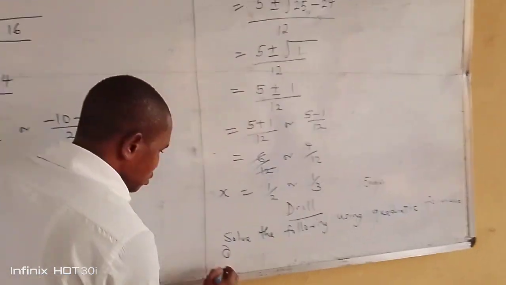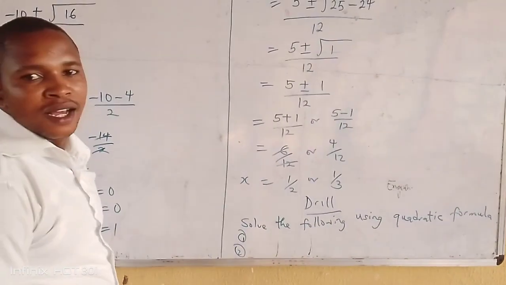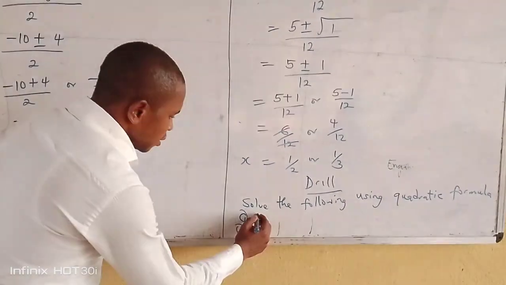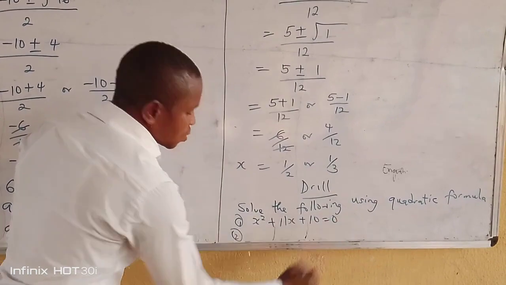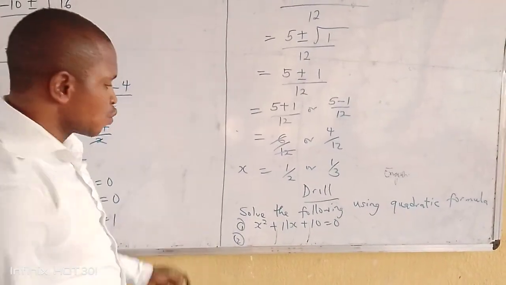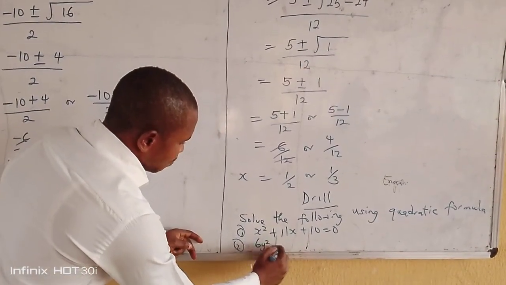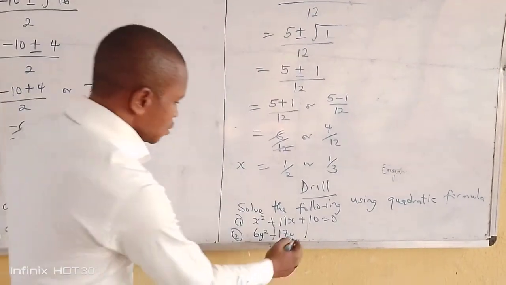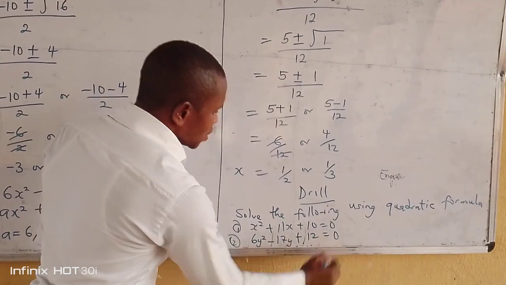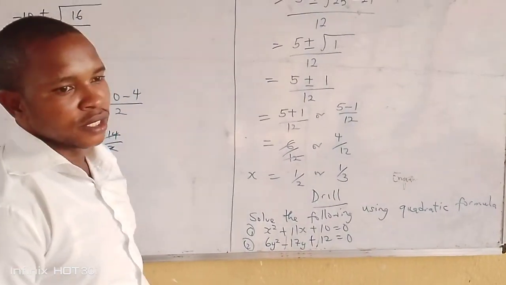Number 1, we have s squared plus 11s plus 10 is equals to 0. Then we have 6y squared minus 17y plus 12 is equals to 0. Solve it and put your answers in the comment section.